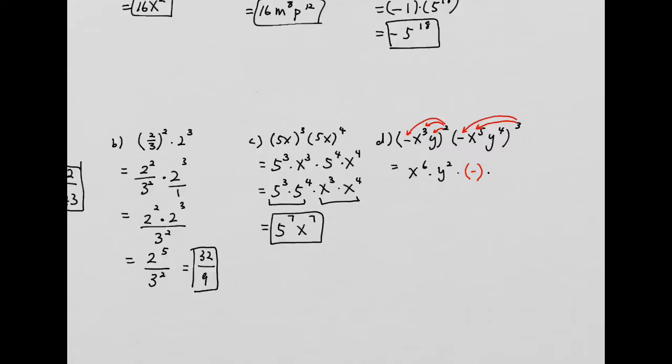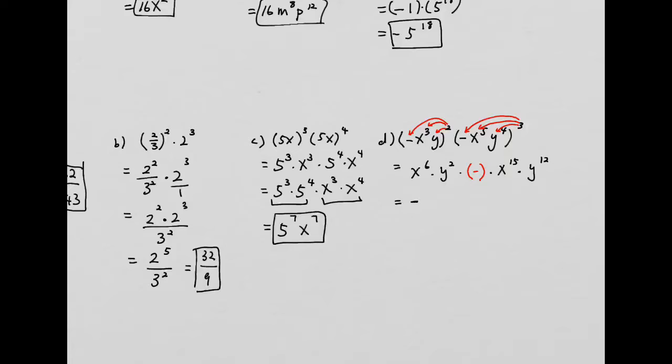That gives me x to the 15. Distribute 3 to the y. I get y to the 12. And this is all multiplication, don't forget that. So I have only one negative, so my solution will be negative. And let's combine the like bases. So x to the 6 and x to the 15 will be multiplied. So that will be the same as adding the exponents.